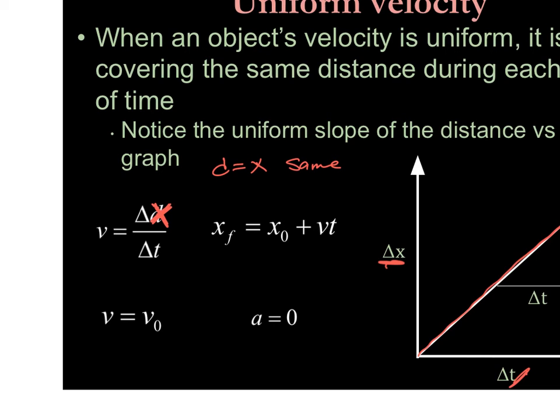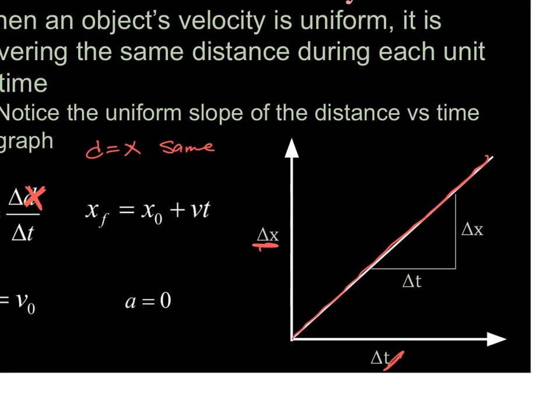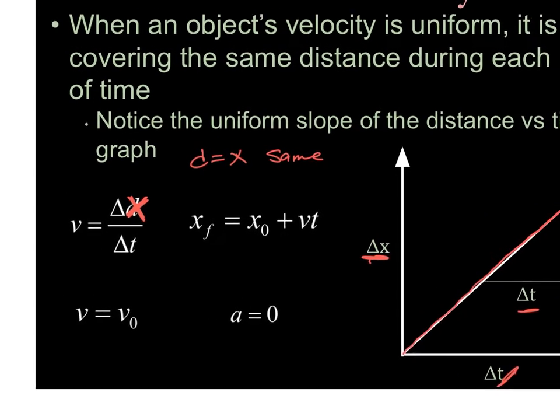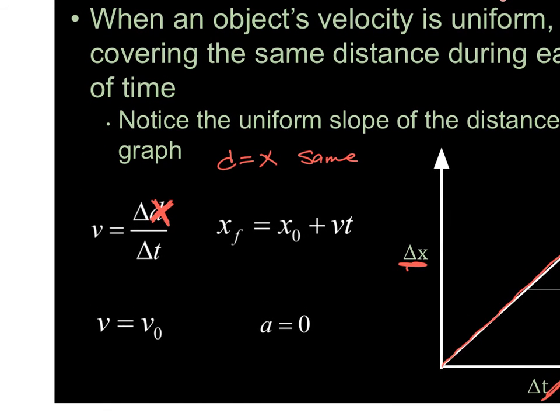So velocity is equal to delta x over delta t, which graphically, if we look here, delta x over delta t, that's equal to the slope of our graph. And we mentioned that a few minutes ago. The slope of a displacement time graph is our velocity. Because the velocity is constant, the initial velocity is equal to the final velocity, which again then makes our acceleration 0, but we'll talk more about that later on.